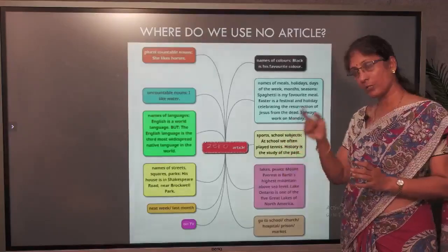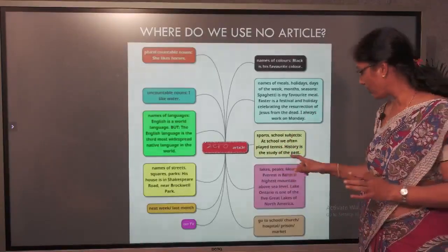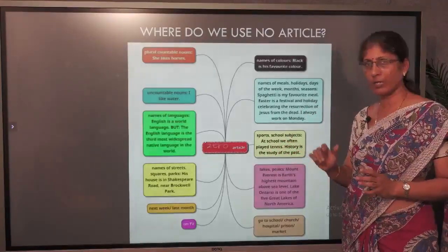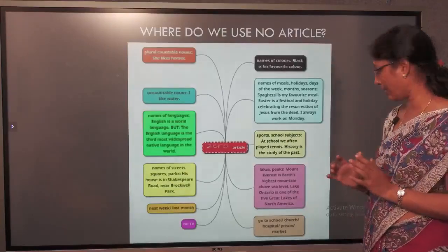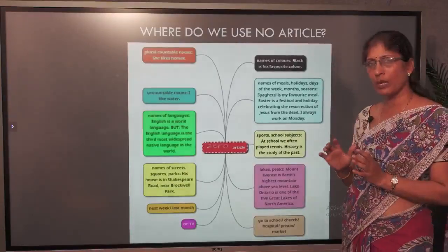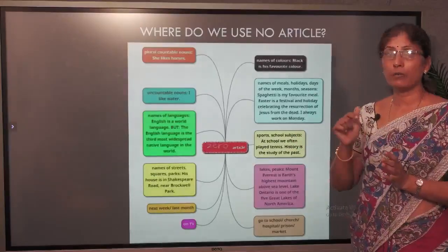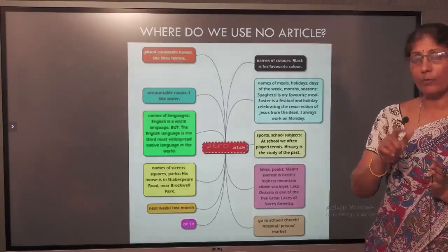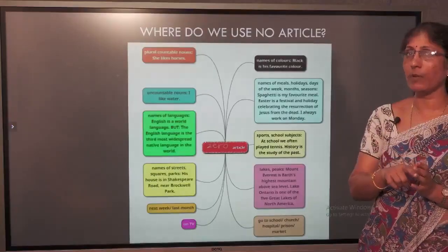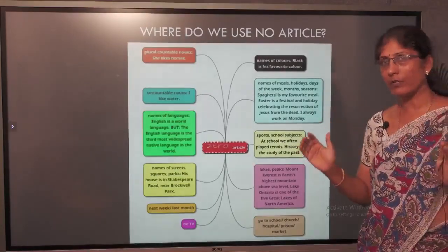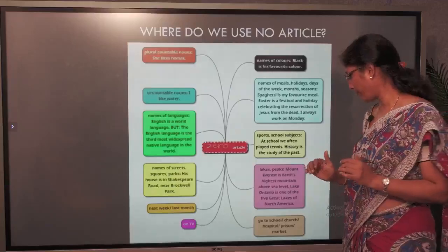But Mount Everest is one in that. So before Mount Everest, you don't use any article. It's the name of a mountain. And we don't use any article before names of lakes, but we use the article the before names of rivers and oceans. Okay, because lakes are many, but rivers are specific and few.